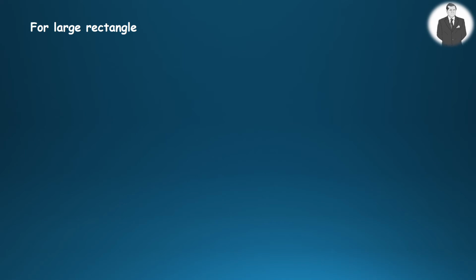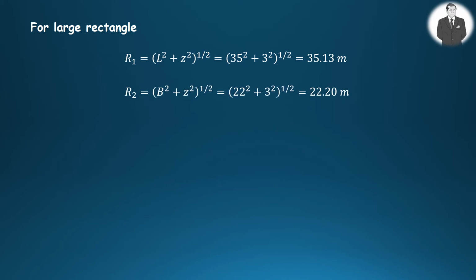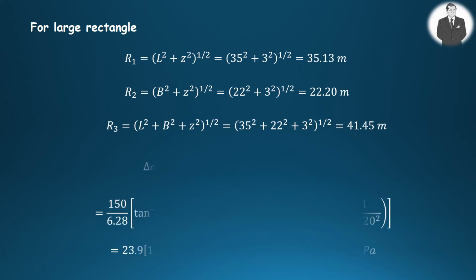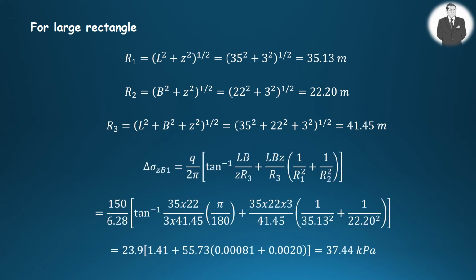For the large rectangle, we need to calculate R sub 1, R sub 2, and R sub 3. They are already done for you. And if we now put all these values in their places, as shown here, we get the stress increase from the large rectangle, which is 37.44 kilopascal.